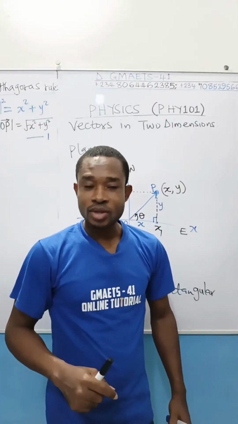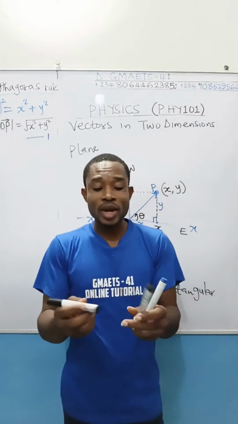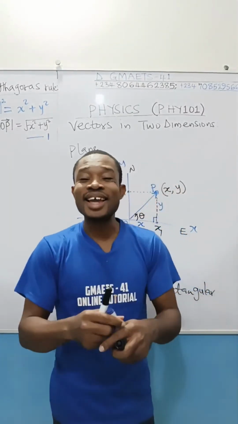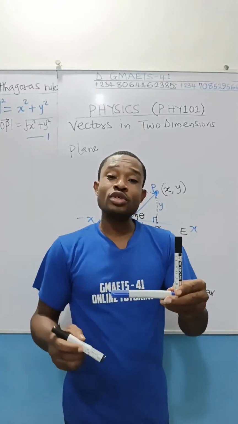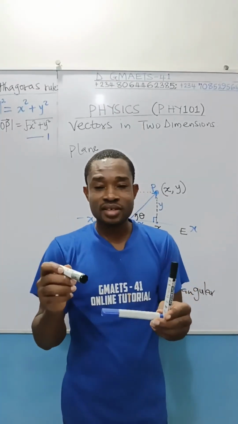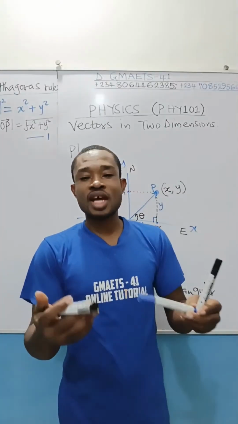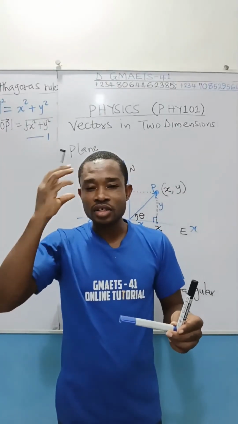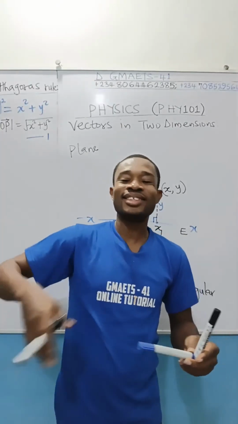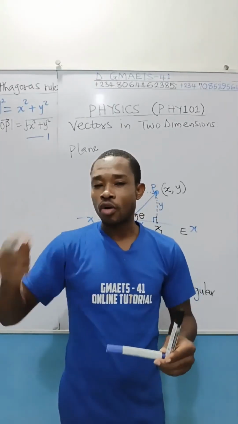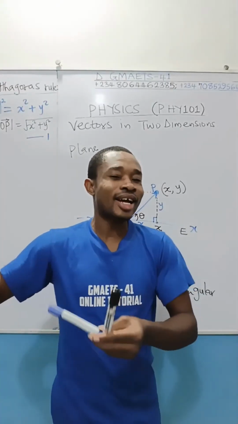So the Pythagoras theorem is used when the two vectors meet at 90 degrees. Then the parallelogram law is used when the two vectors meet, usually at an acute angle. But if you use the knowledge of angles in mathematics, the acute angle can be transformed into an obtuse angle.